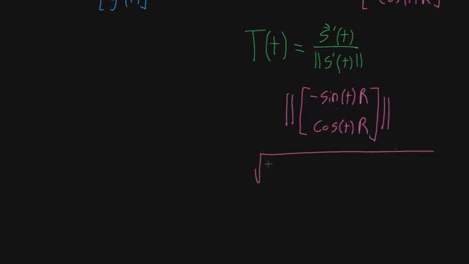Negative sine squared is just going to be sine squared. So sine squared of t multiplied by r squared, and then over here, cosine squared of t times r squared.